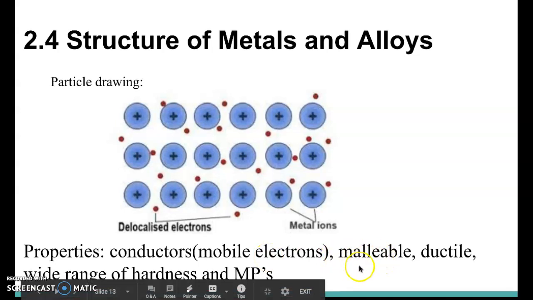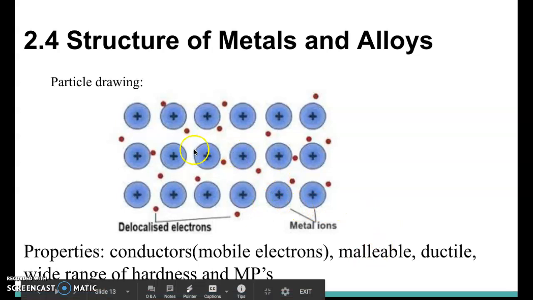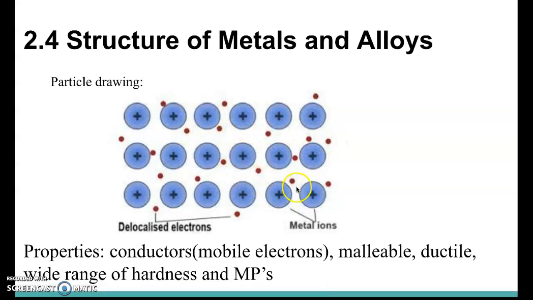They're malleable. Malleable means that if you hit it with something like a hammer, it will give, it won't break. So you can take metals and hammer them into really thin sheets, like gold foil or aluminum foil. You can think of the mobile electrons in here as a cushion between the metal ions. So if you hit a metal with, say, a hammer, it will give.